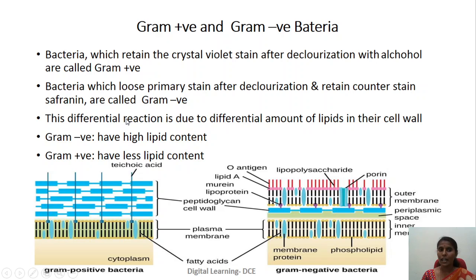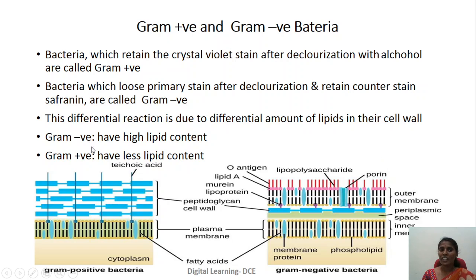Whereas the bacteria which lose the primary stain crystal violet and retain the counter stain, that is safranin, look pale pink in color. They are called gram-negative bacteria. This differential reaction is mainly due to the differential amount of lipids and peptidoglycan layer in the bacterial cell wall.